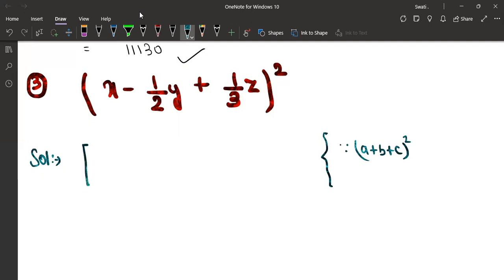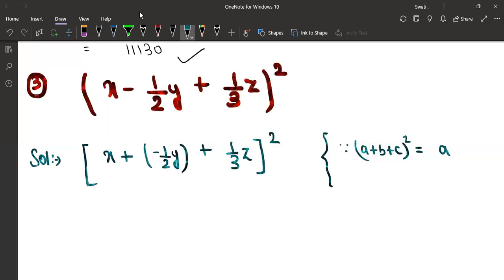So what I'm going to do, I'm going to write down x as it is. I'm going to write down plus, and I'm going to write down this minus 1 upon 2y in a bracket, plus this 1 upon 3z as it is, because it is the same as the formula, right? And now we know what the a plus b plus c whole square formula is. It says a square plus b square plus c square plus twice of ab plus twice of bc and plus twice of ac or ca.